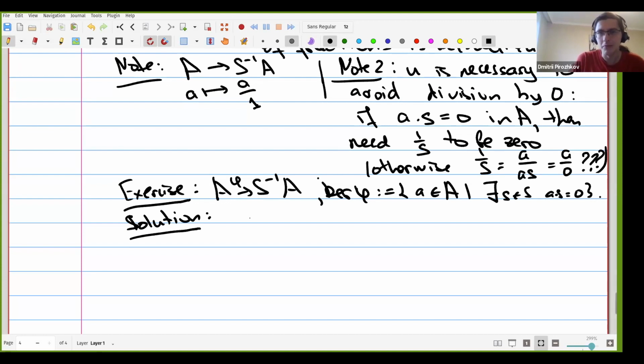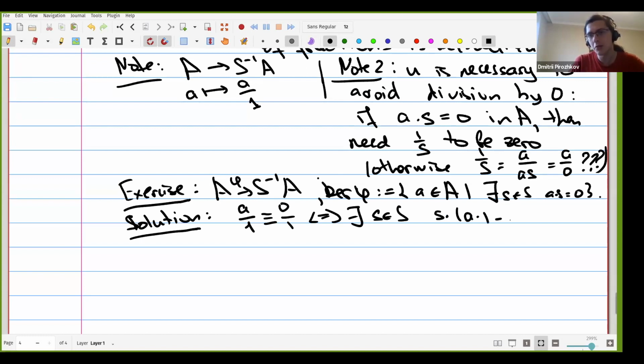Solution. So what is the kernel of phi? It's the set of all elements A such that A divided by 1 is the 0 element in this localization S^-1 A. In other words, A divided by 1 should be equivalent to 0 divided by 1, which by definition means that there exists some S in the multiplicative subset such that S times (A times 1 minus 1 times 0), which is clearly just S times A, should be 0.